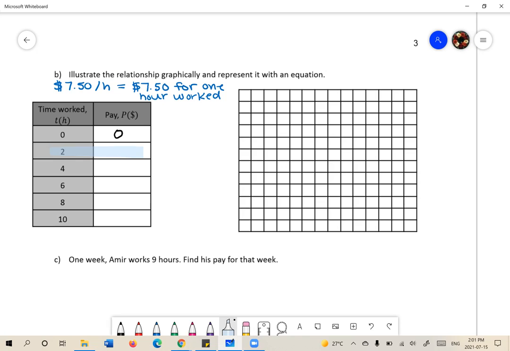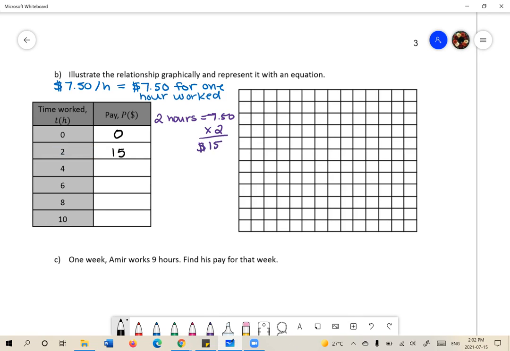So how much would that be for 2 hours? For 2 hours, we would take our 7.50 and multiply it by 2. $7.50 times 2 is 15. So for 2 hours of work, Amir gets paid $15.